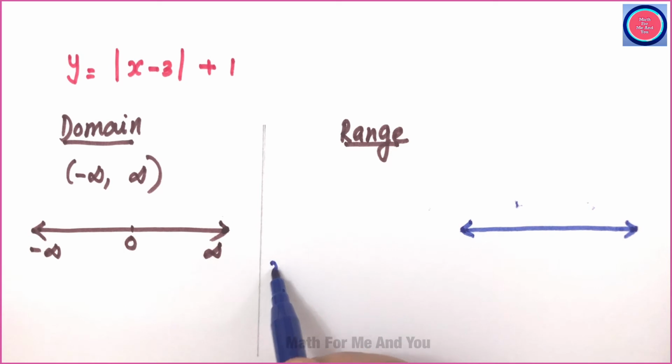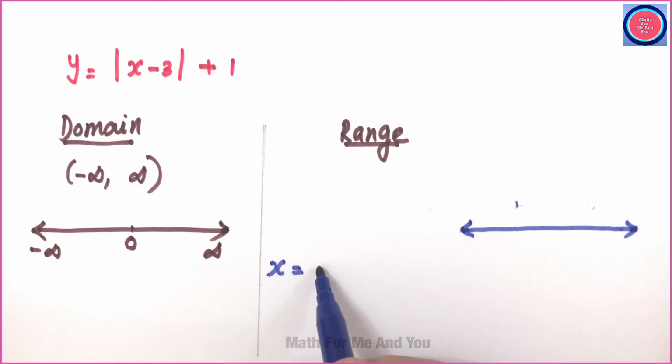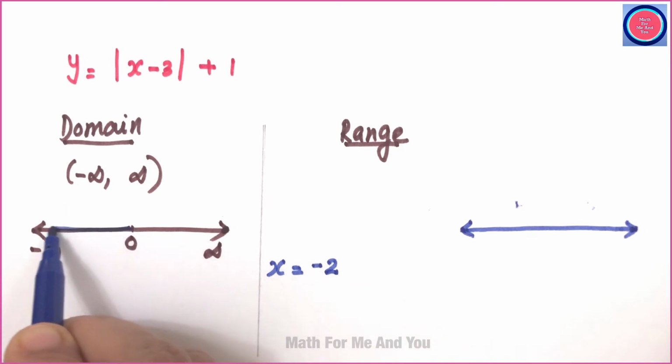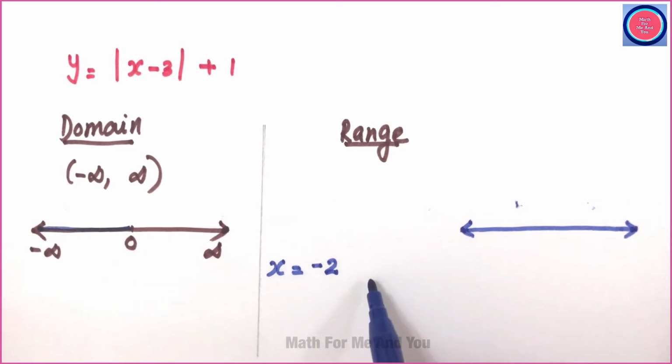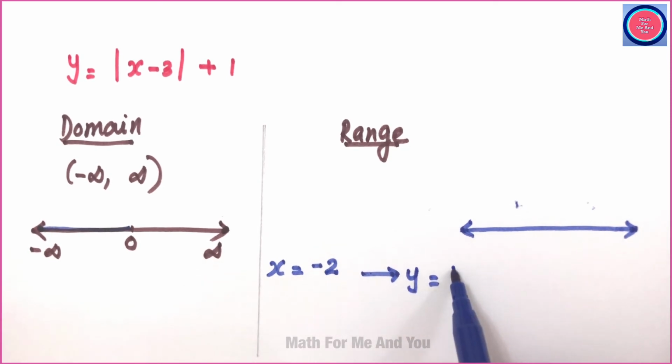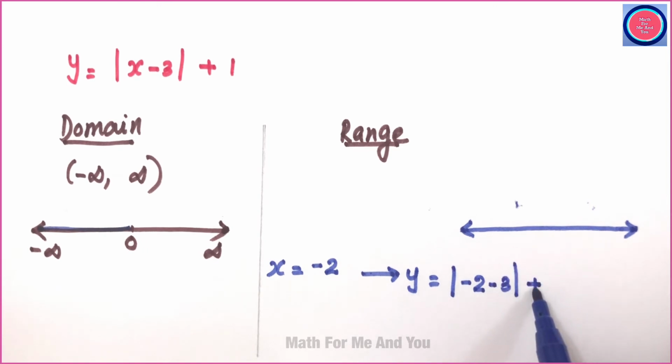Same as the previous question, we can select a negative number for x and see what answer we get for y. I'm selecting x equals minus 2, a negative number. So what answer we get for y? Y equals absolute value of minus 2 minus 3 inside, then plus 1 outside. Absolute value of minus 2 minus 3 is minus 5.